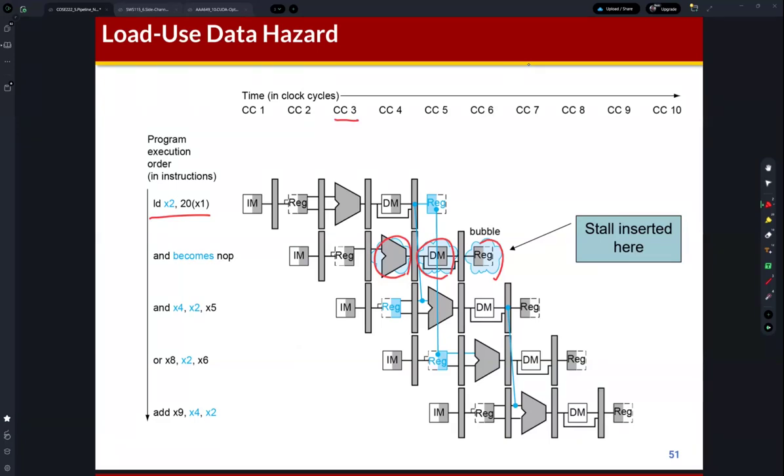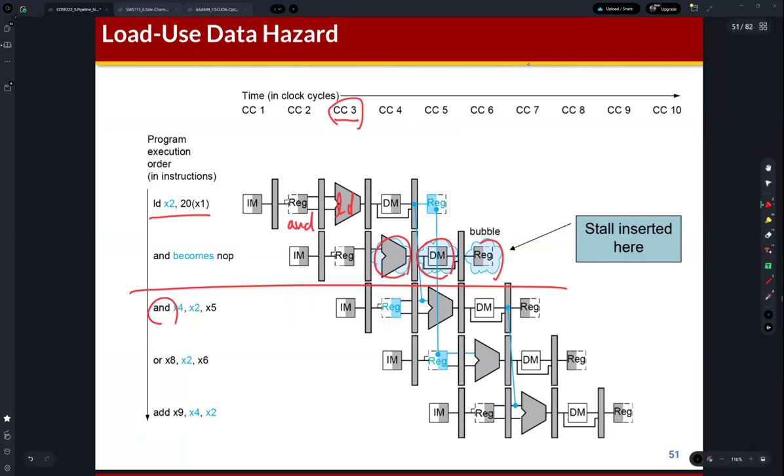In CC3, clock cycle number 3, you can find that the load is here, and actually the end is in the ID stage. This pipeline diagram just shows how the instructions flow.